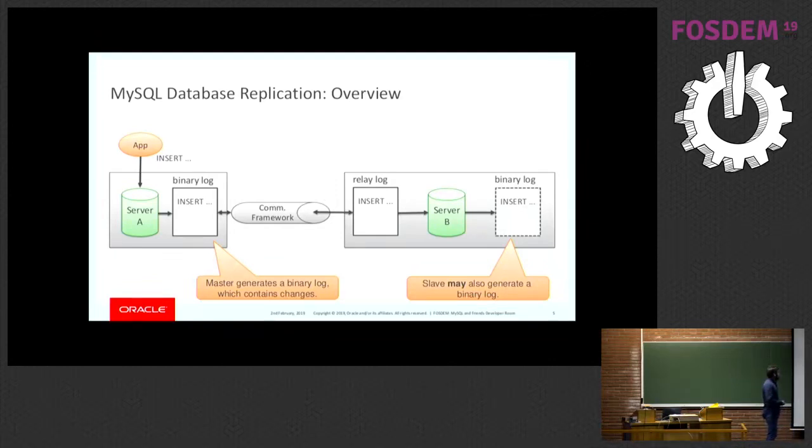The interesting thing that we're talking about here today is the binary log. The master generates a binary log, the one that is shipped around, and the slave also generates the binary log. There's the persistent buffer, which we typically call the relay log on the slave, which is basically: get the changes, store them on disk while I'm trying to apply the log, so that we don't saturate, for instance, memory.